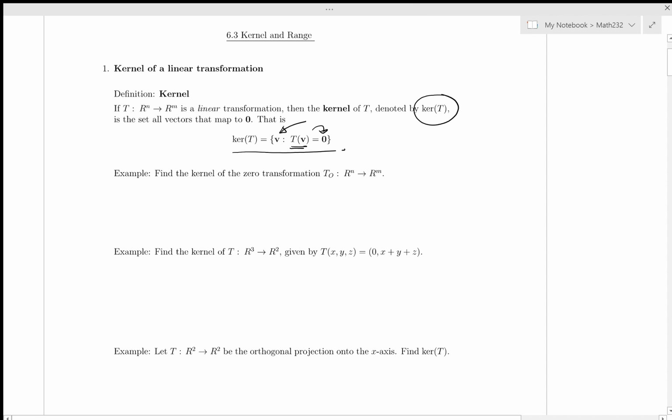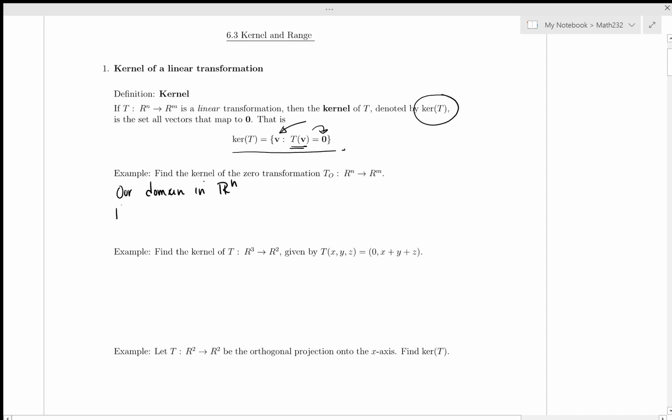Okay, so let's just take some examples to see what's happening here. Find the kernel of the 0 transformation from Rn to Rm. So our domain is Rn. And then we're asking which vectors in Rn map to 0 under the 0 transformation. Well, that's all of them, right?